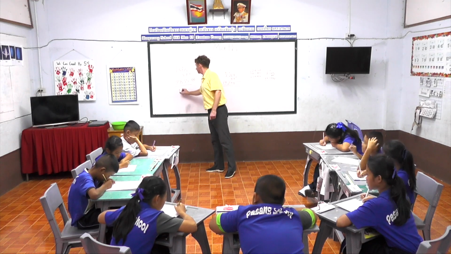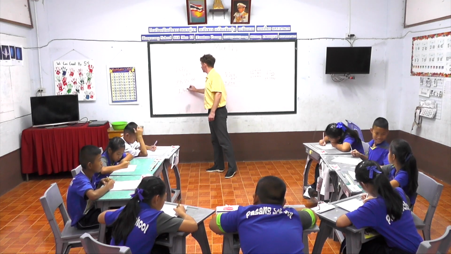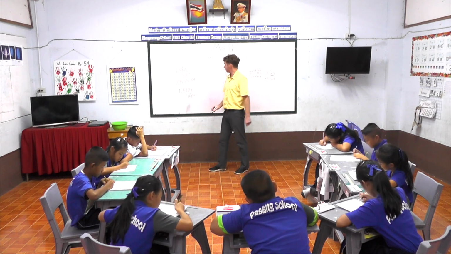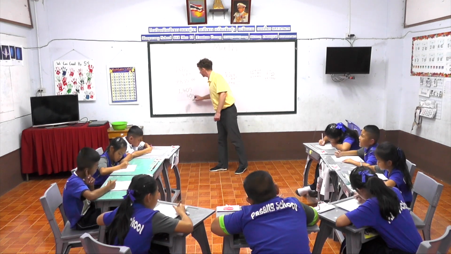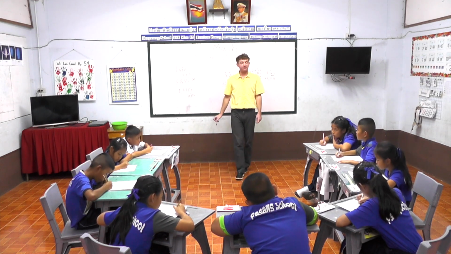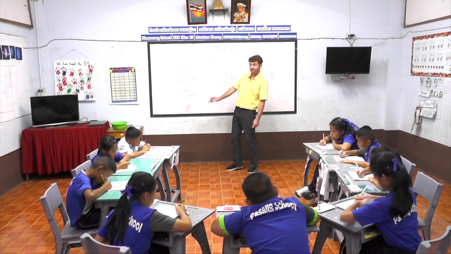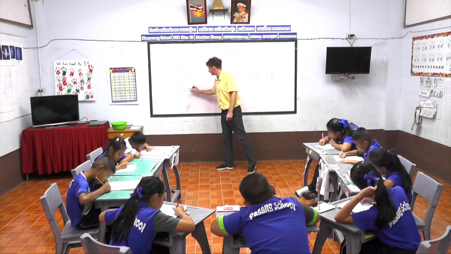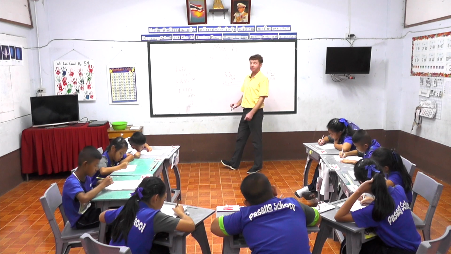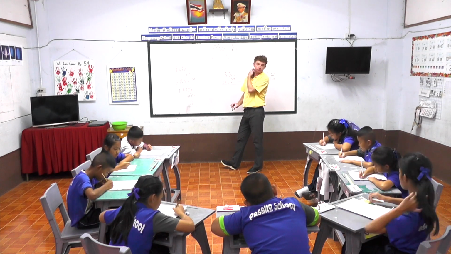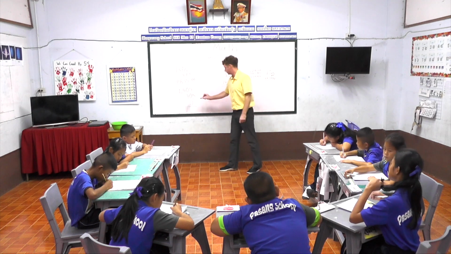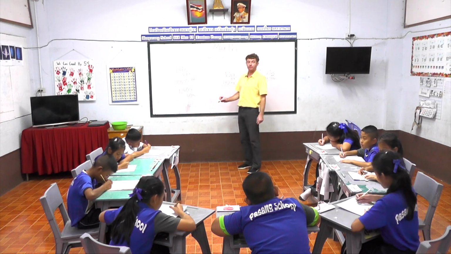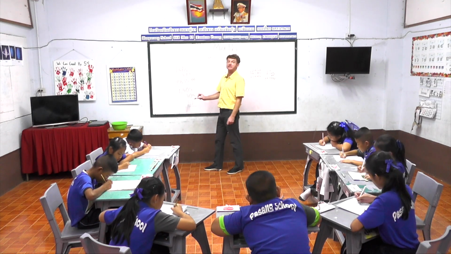Now for stage 2. 1,405 times 40. And remember, the first thing to do is remove the 0 for now. 4 times 5 equals 20. So let's write the 0. 4 times 0 equals 0 plus 2 equals 2. 4 times 4 equals 16.